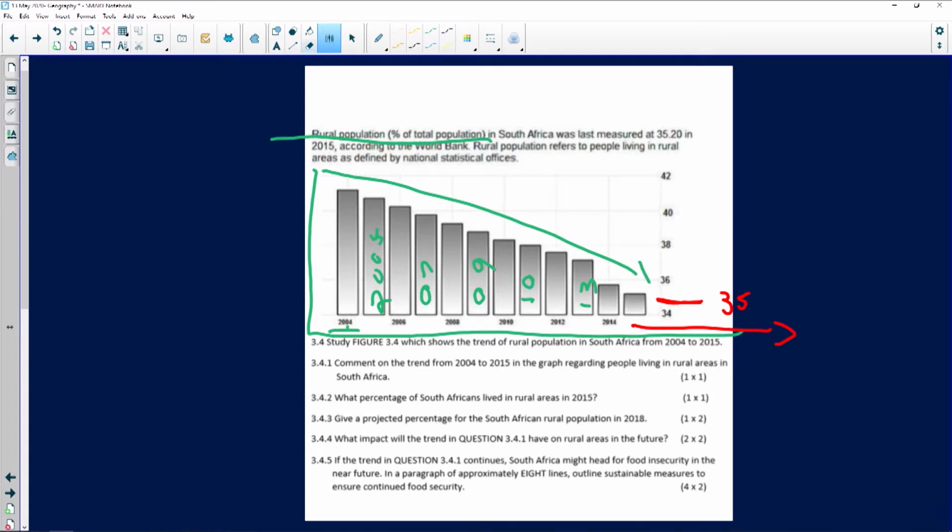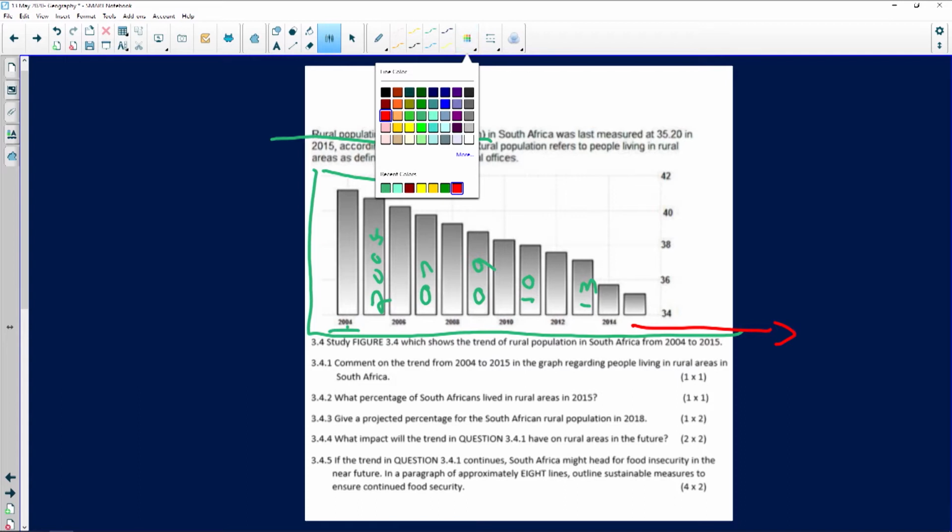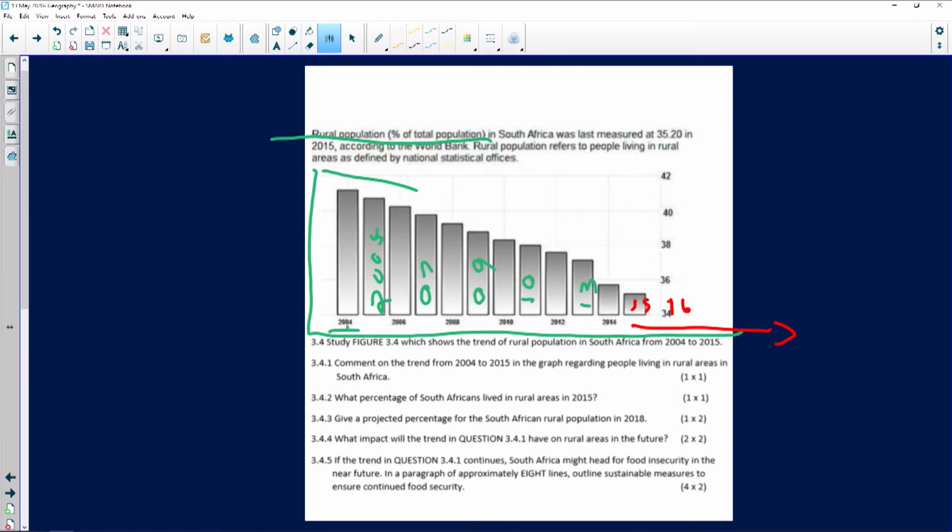So if we go back to our bar graph, let's just add another couple of blocks. If that's 2014, that's going to be 2015. So there we have 2016, 2017, 2018.